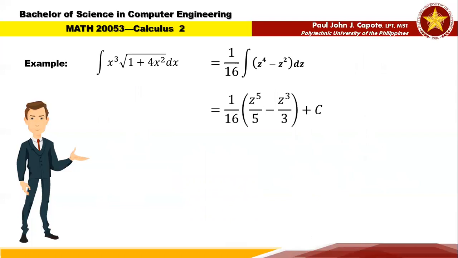Applying integral of sum or linearity rule and applying power rule, we get 1/16 times the quantity z raised to the power of 5 divided by 5 minus z cubed over 3 plus c.